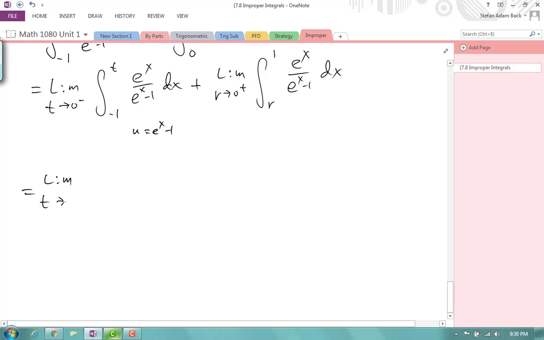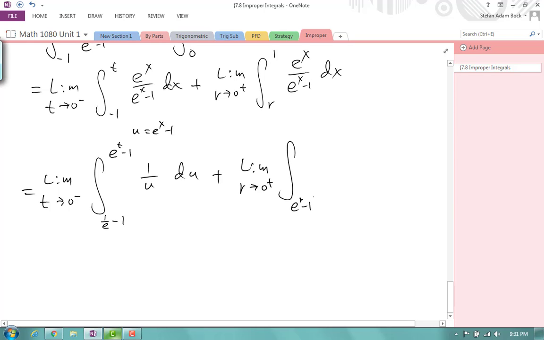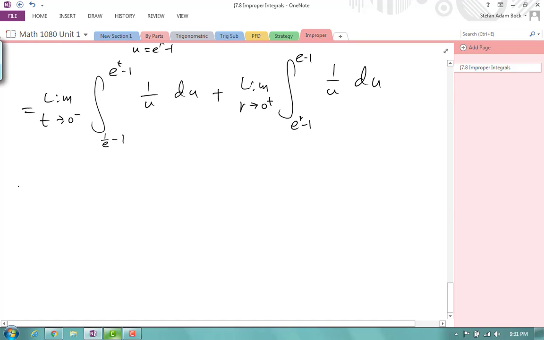We get t goes to 0 minus our new bounds would be e to the t minus 1 up here, 1 over u du, and 1 over e minus 1 down here, plus the limit as r goes to 0 plus of e to the r minus 1 all the way up to e minus 1 of 1 over u du. So I've got two problems.